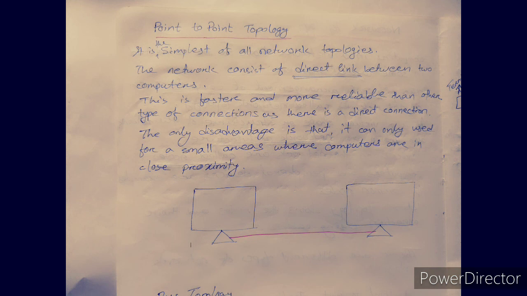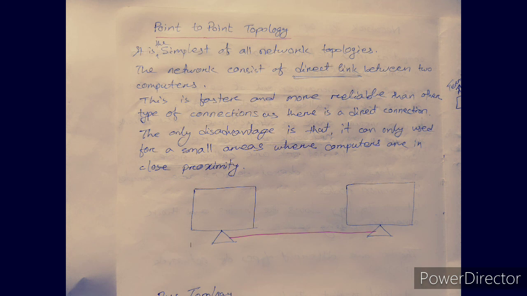Point to point topology is the simplest of all the network topologies. In this, two computers are connected directly, with a direct link. Since only two computers are used and a direct link is made, the data transfer is very fast and reliable.